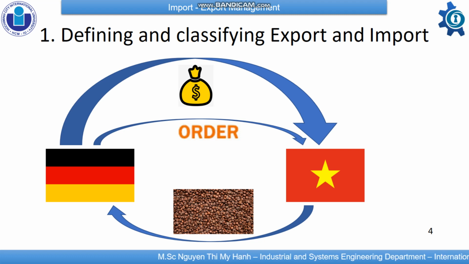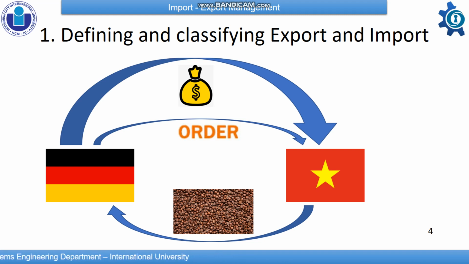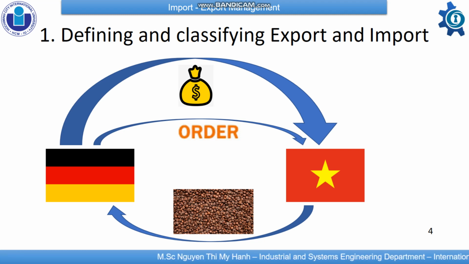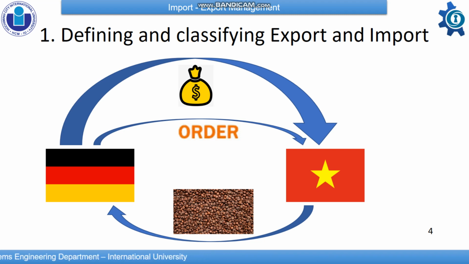So based on the definition I told you earlier, can you determine which country is exporter and which one is importer? Yeah, Vietnam is exporter and Germany is importer, because the coffee, their products and services flow from Vietnam to Germany.